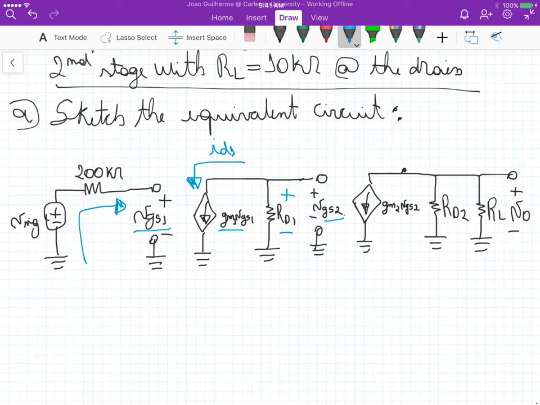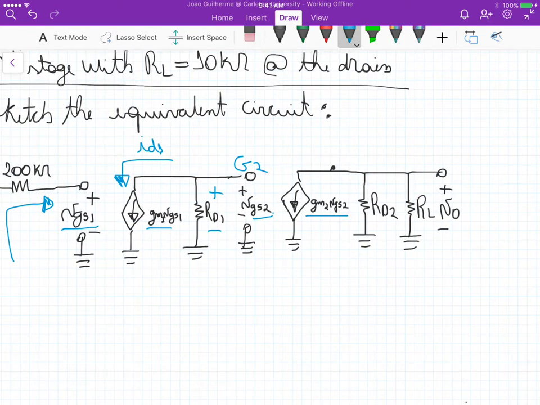This VGS2 is being read by this second stage, so this is gate 2, to define the second drain current, which is the transconductance of the second amplifying stage times VGS2.